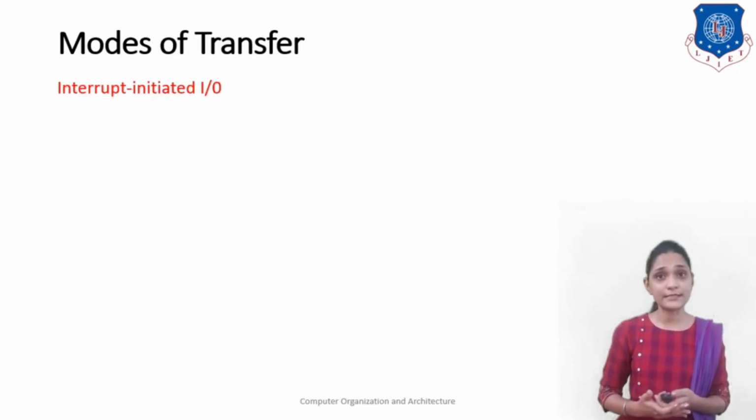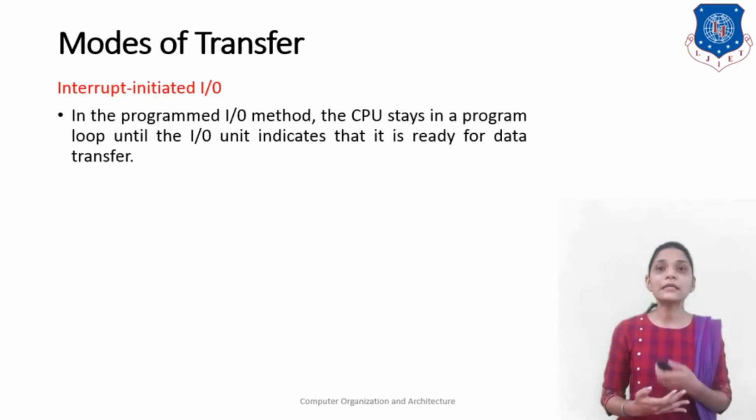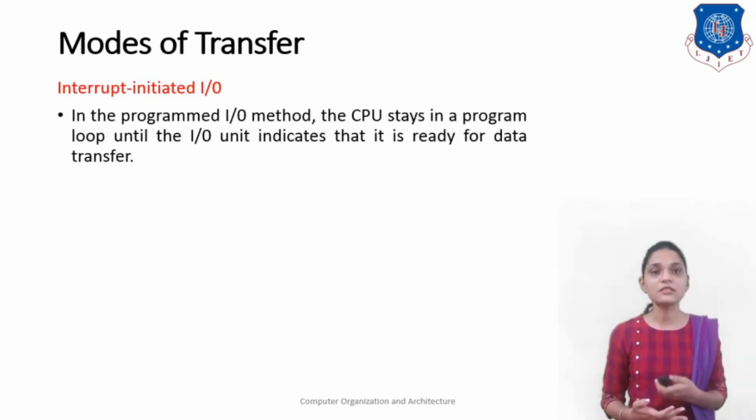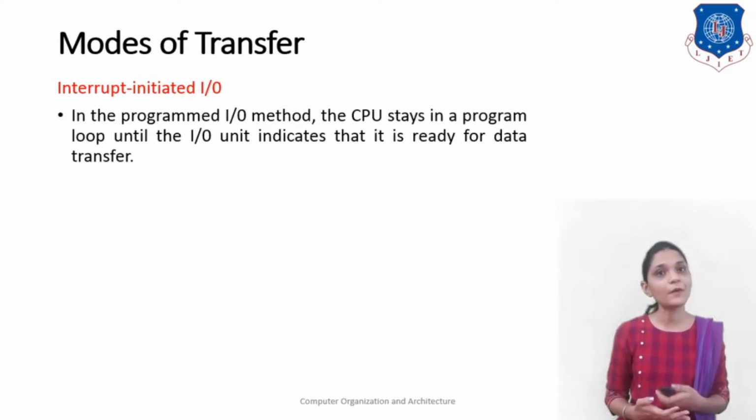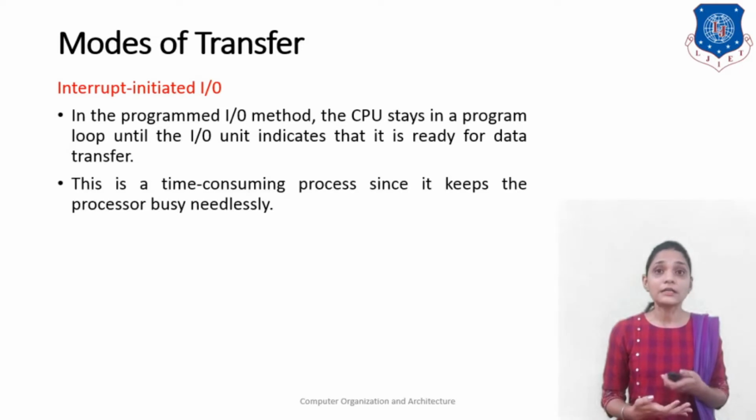Second mode you can use is the interrupt initiated I/O. In the programmed I/O method, the CPU stays in the program loop until the I/O unit indicates that it is ready for the data transfer.